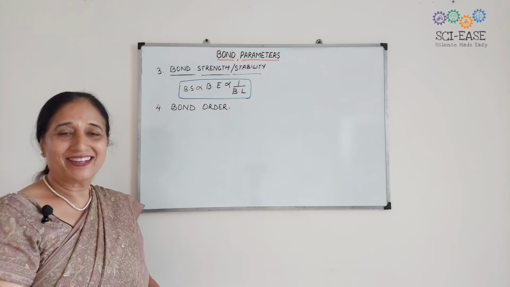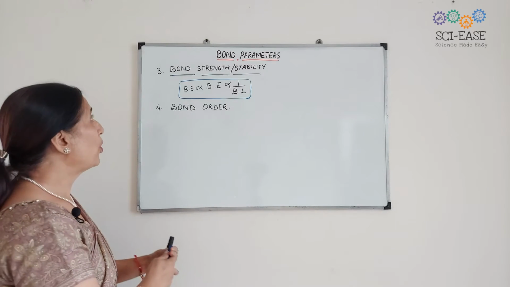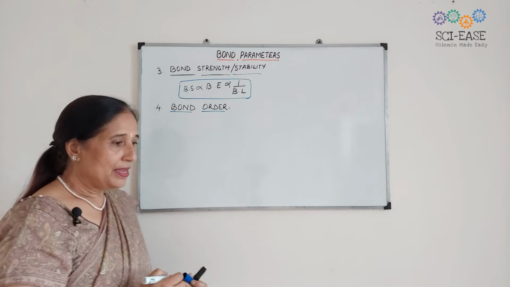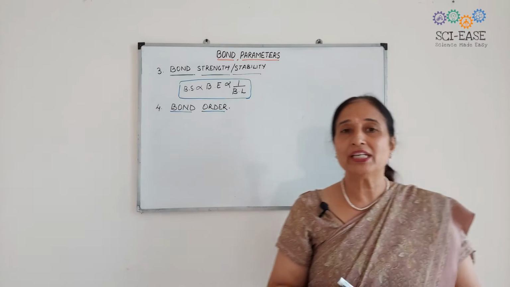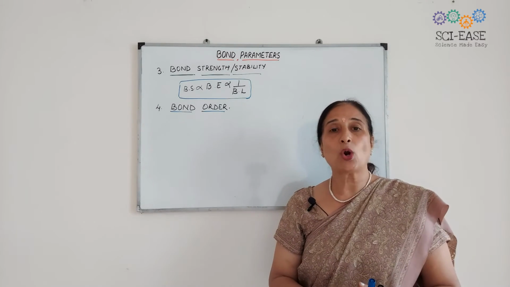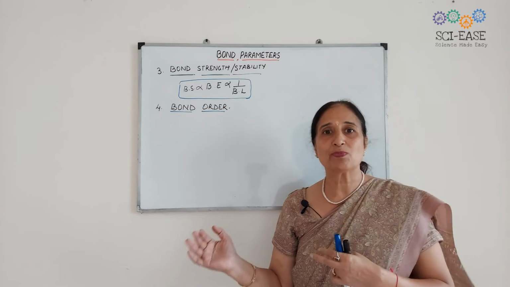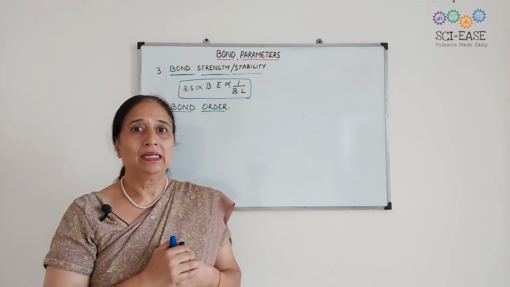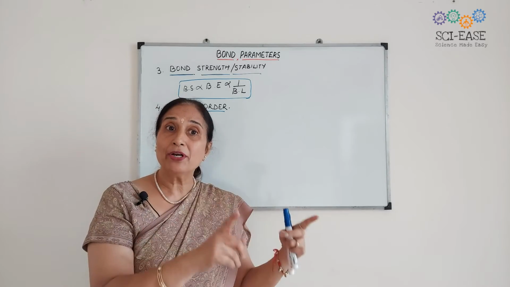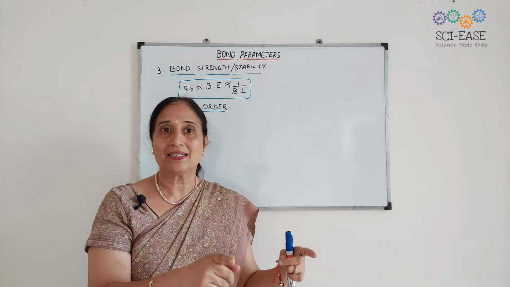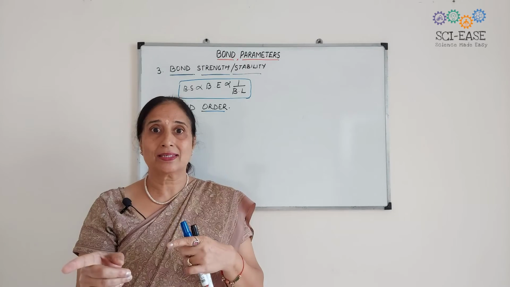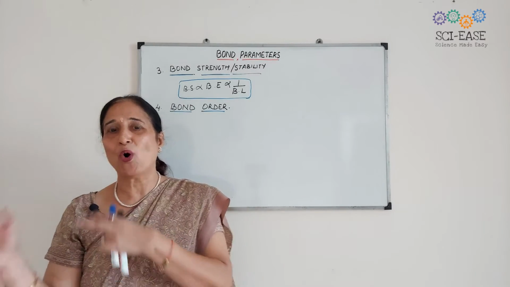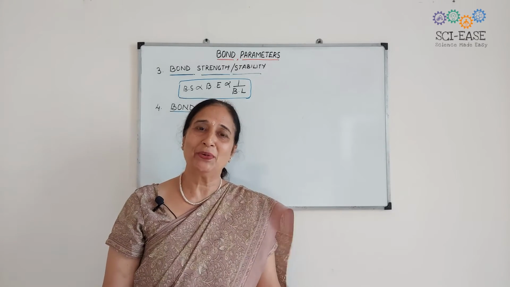This is a new term for you, bond order. When we take into consideration the Lewis dot structure for the covalent species, what we deduce from that, the number of bonds between the atoms, will tell us about the bond order of that molecule.